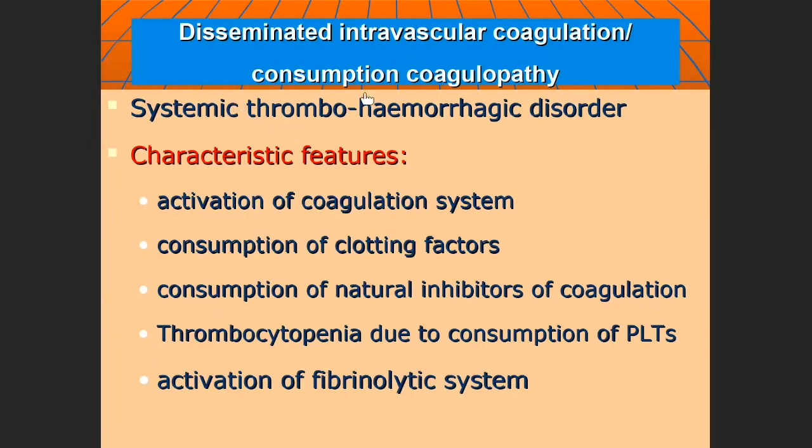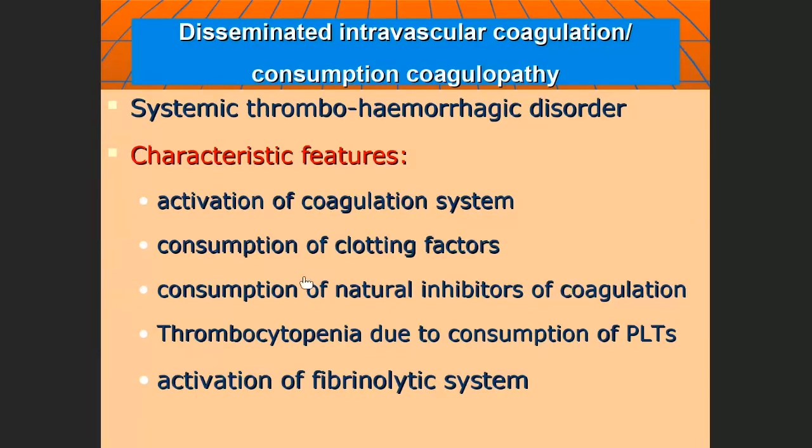What happens in disseminated intravascular coagulation is as follows. There is activation of the coagulation system with consumption of clotting or coagulation factors. There is consumption of platelets and thrombocytopenia. Consumption of natural inhibitors of coagulation trying to maintain normal hemostasis.